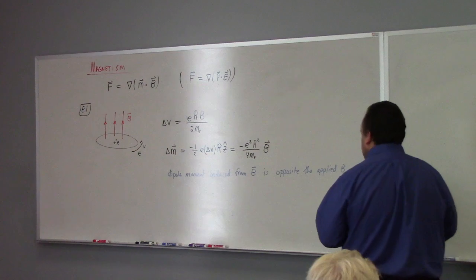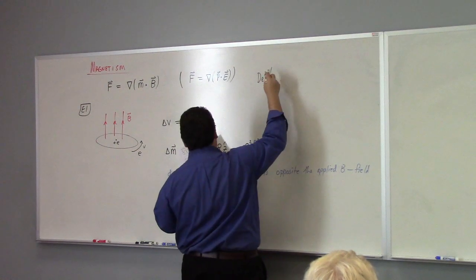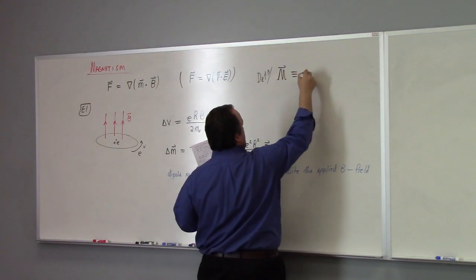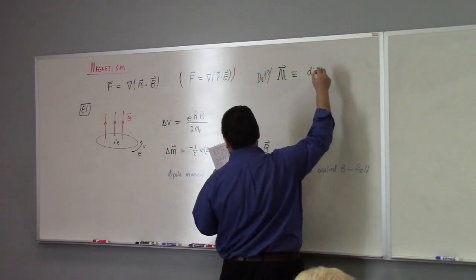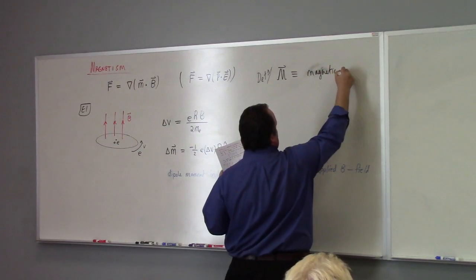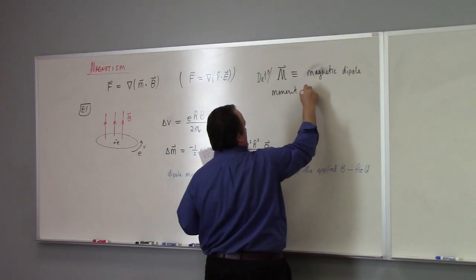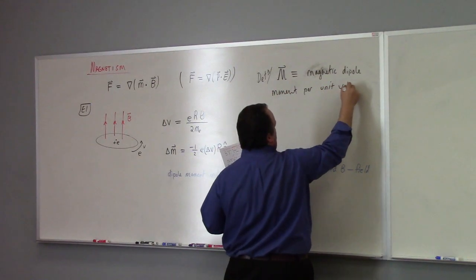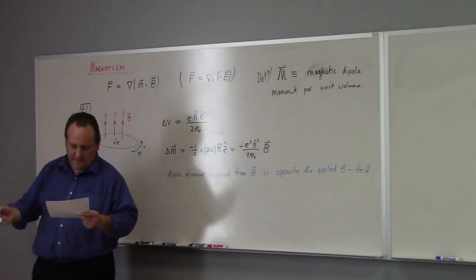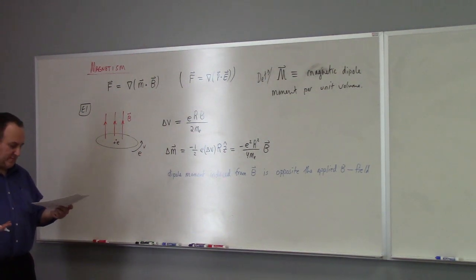But let me remind you that we had a definition, which we need to think more about today, that M, big M, is equal to the magnetic dipole moment per unit volume. Now, this magnetization can come from diamagnetism, paramagnetism, or ferromagnetism.